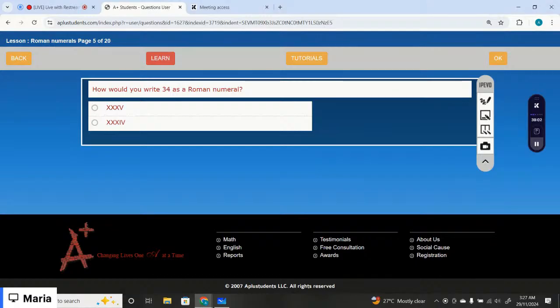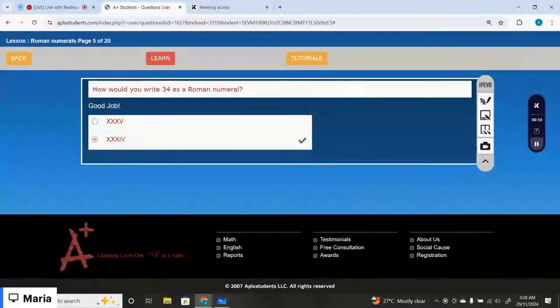The correct option is the one that writes 34. Yes, very good. That is option number 2, the correct option.